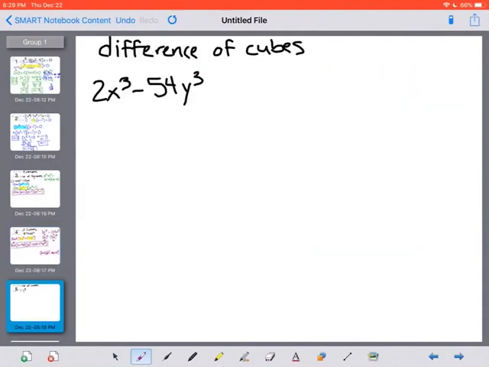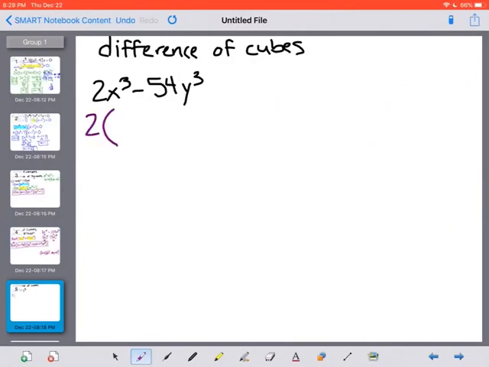And the last one that I have for you is the difference of cubes. So again, we want to make sure that we have our GCF taken care of first, and then we also make sure we find what our cube roots are going to be again. So looking here, I have 2x cubed minus 54y cubed. So 2 is going to be my GCF.